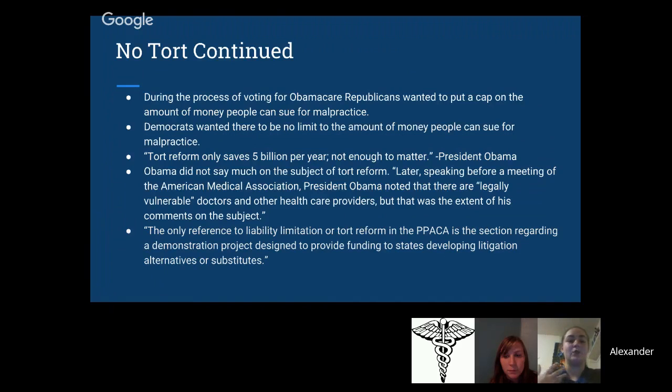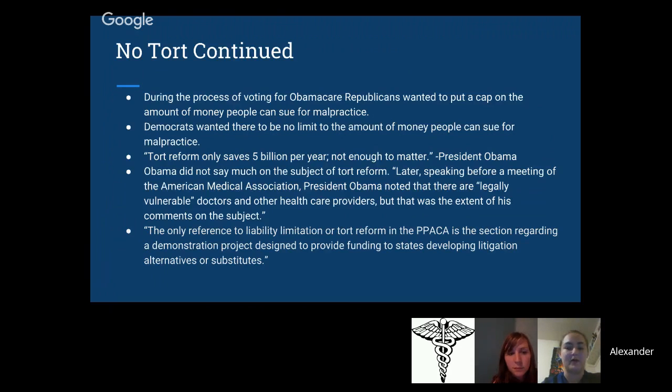So why Obama didn't want to have the tort in Obamacare is because he didn't think it was too important to put in there. Mainly, Obama did not say much on the subject of tort reform.